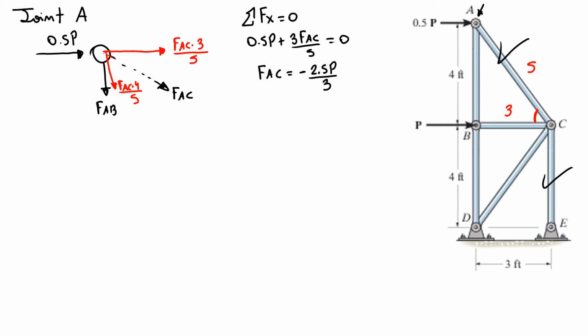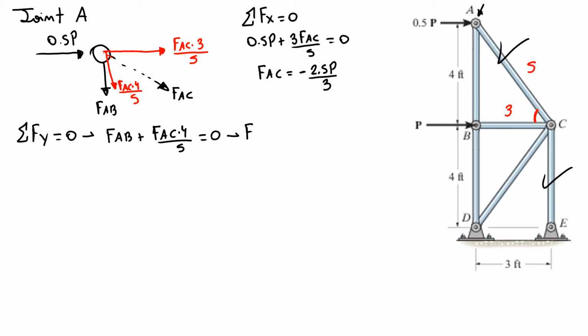Now, if I do my sum of forces in y direction equals 0, I'll have FAB plus FAC times 4 over 5 equals 0.